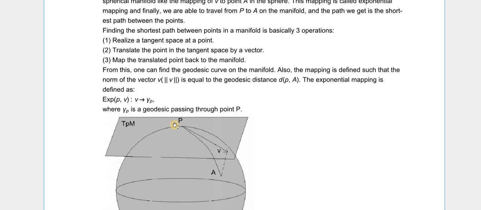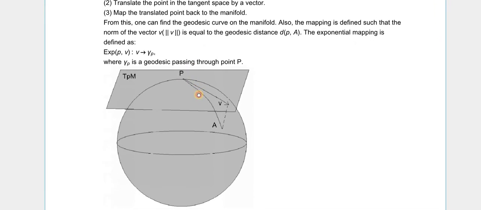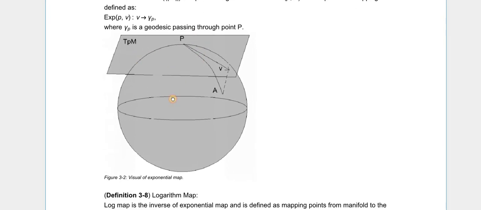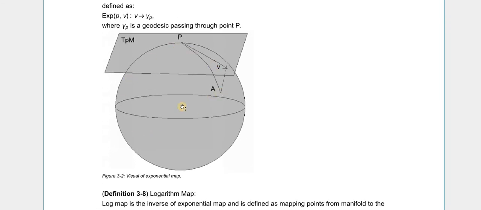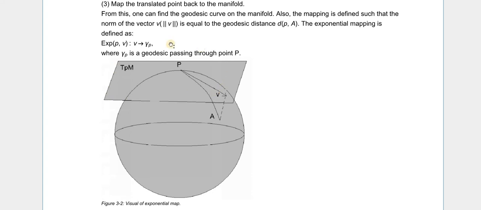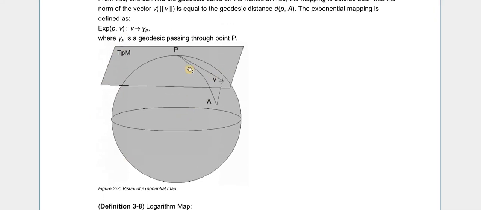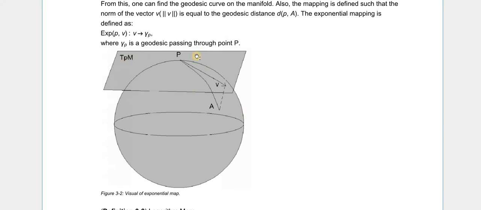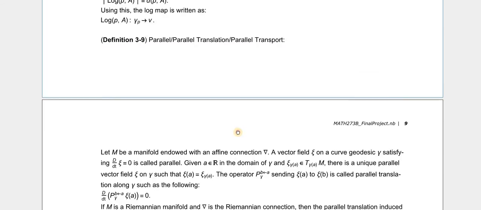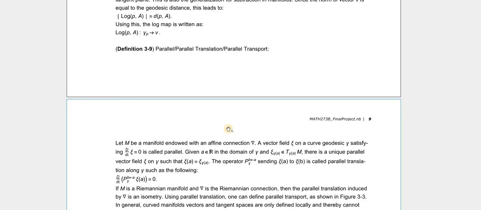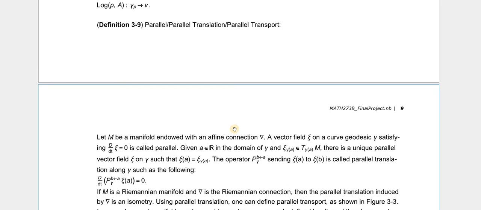So the exponential mapping is the generalization of vector addition, and the logarithmic is a generalization of vector subtraction. You perform an exponential mapping when you go from the tangent space into the manifold, and you perform a logarithmic mapping when you go from the manifold to the tangent space. And how these two will be related is when we finally perform a geometric optimization.